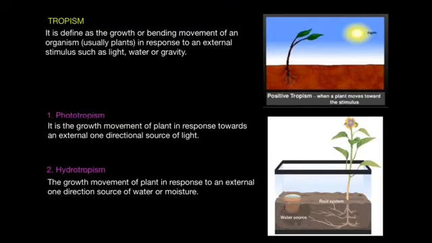Now, tropism. What is tropism? Many times, if you hear a loud noise, you might respond impulsively by jumping up or doing something reactive. When animals respond to an external stimulus, in animals we say that is a response.